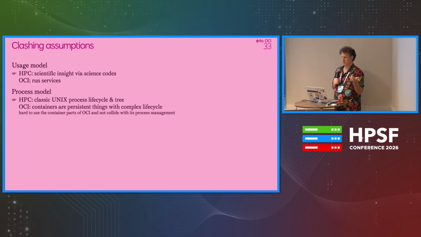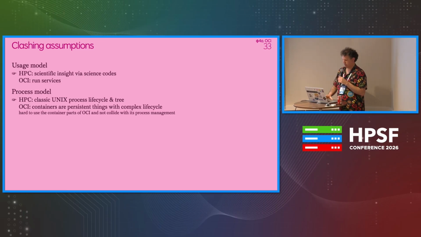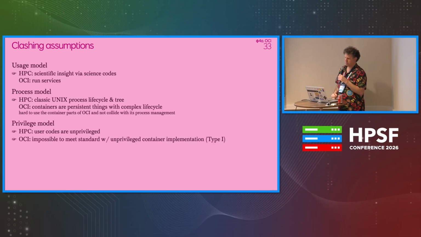HPC has UNIX processes, a process tree, where a process has children and children, et cetera. OCI considers containers to be a persistent thing with a fairly complex life cycle. That means that if you want the container parts of OCI, it's hard to not also collide with process management stuff. We talked about the privilege model.